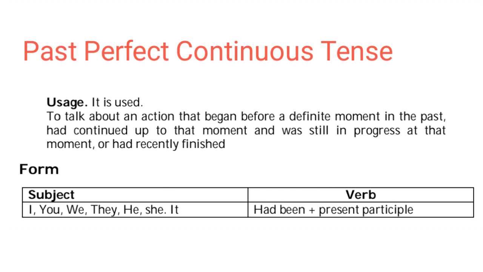And the next one, past perfect continuous tense. Along with the subject, we should use had been plus present participle. That means the ing form of the verb. Now its usage. It is used to talk about an action that began before a definite moment in the past, had continued up to that moment, and was still in progress at that moment or had recently finished.